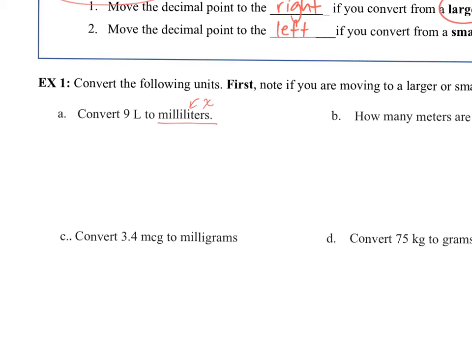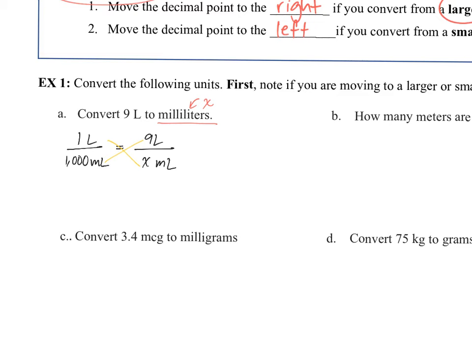Okay, so my proportion. I know that 1 liter is the same as 1,000 milliliters. And I'm going to write that equal to 9 liters over, well gosh, I don't actually know how many milliliters there are in this proportion, but that's okay. It's x. X milliliters. So now, with this proportion, I'm going to go ahead and solve for x. So we're going to cross multiply.